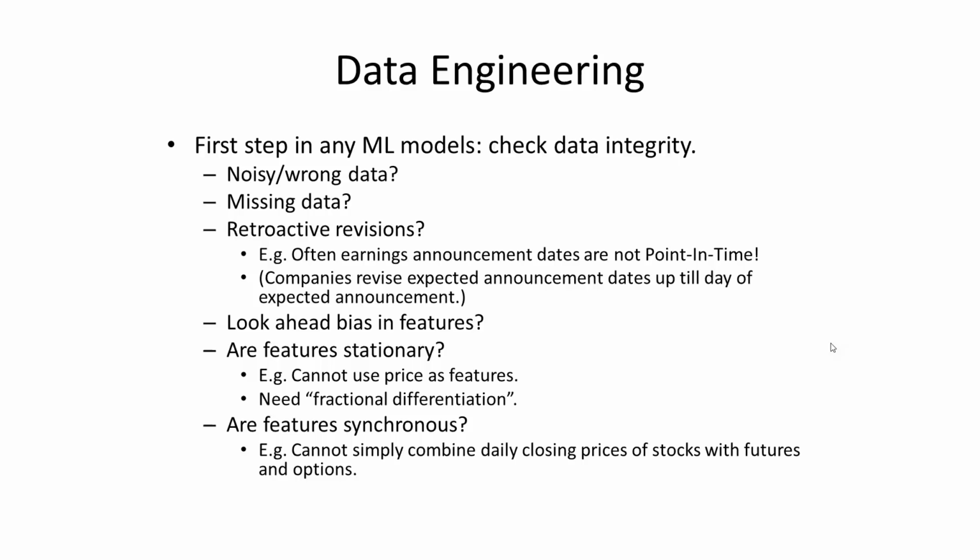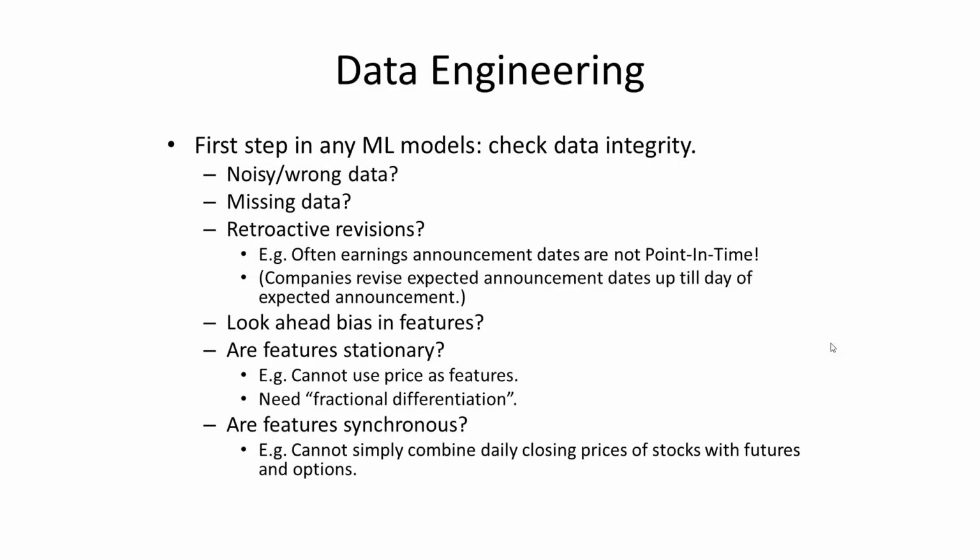That would be quite wrong, because all those earnings announcement dates are revised. They are not point in time. Even the very expensive data do not contain point-in-time earnings announcements. So that's a big caveat that you have to pay attention to.